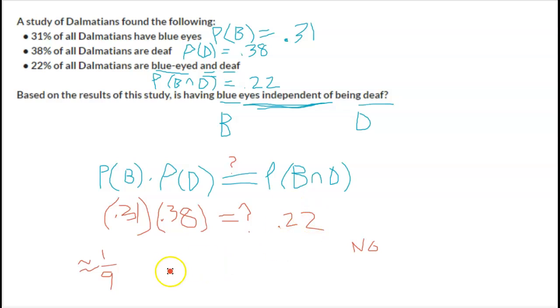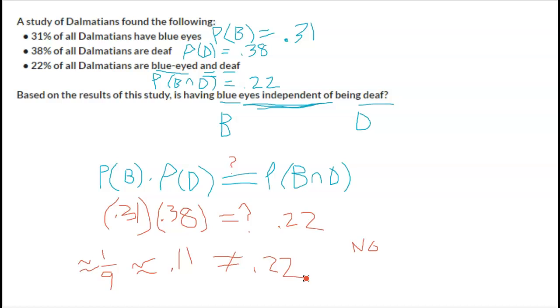What this means is, right, I'll write it as 0.11, you fix it up later if I got it right. It is not equal to 0.22. So no, they are not independent.